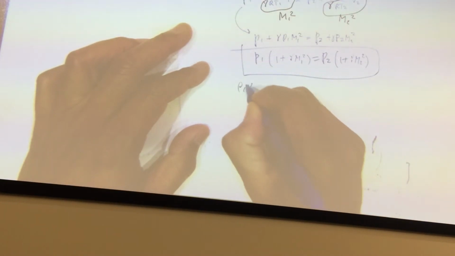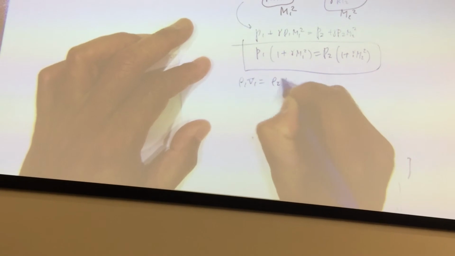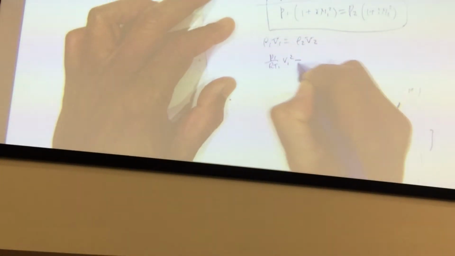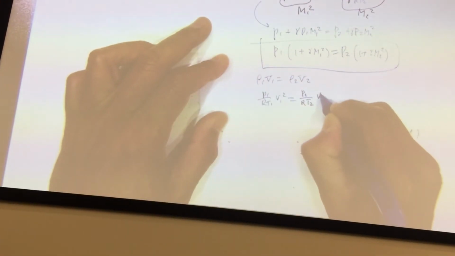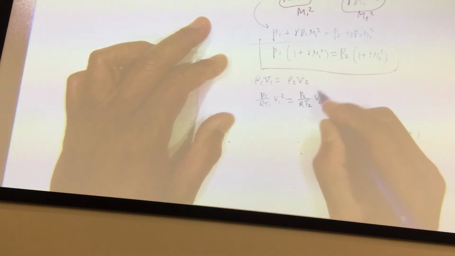Keep this in mind. And rho1 V1 equal to rho2 V2 becomes P1 over RT1 times V1 equal to P2 over RT2 times V2.